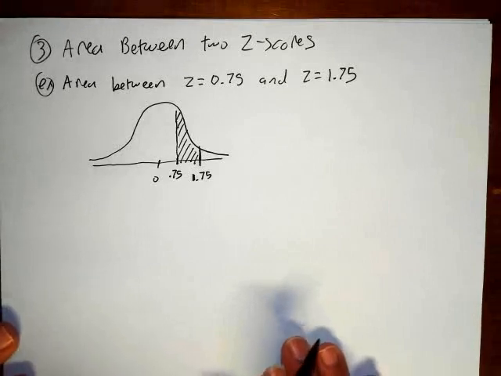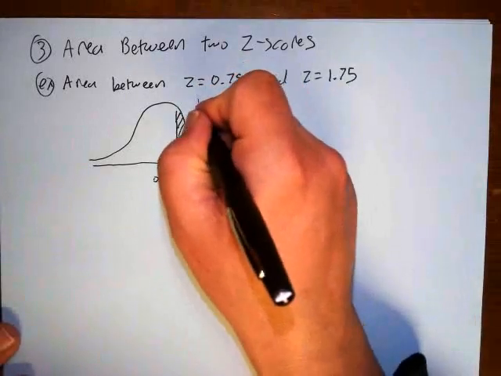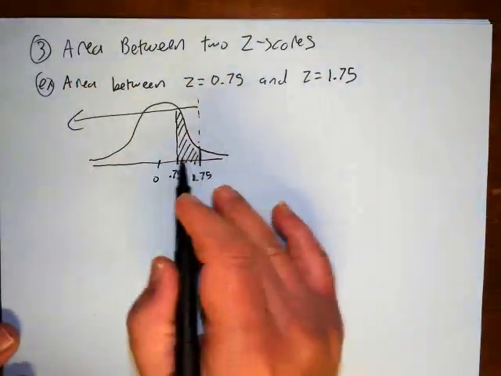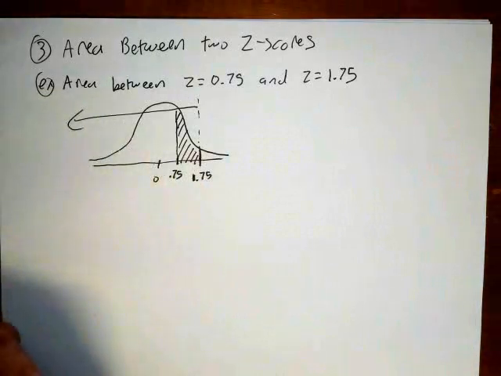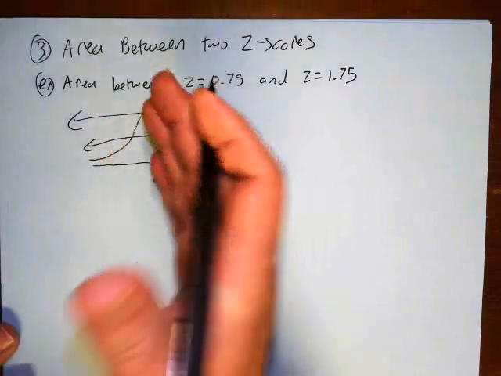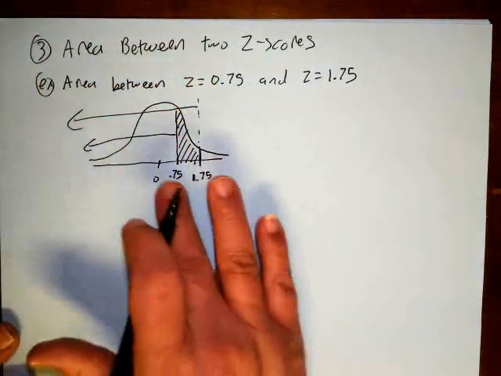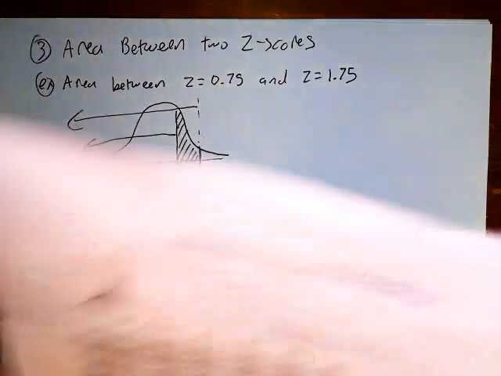Okay, now here's the idea. If I were to look up this one, I would get all the area from this one on down, and that's going to be too much area. So what I have to do is subtract the area below the other one in order to get the area between. So I'm going to be looking both of these up.